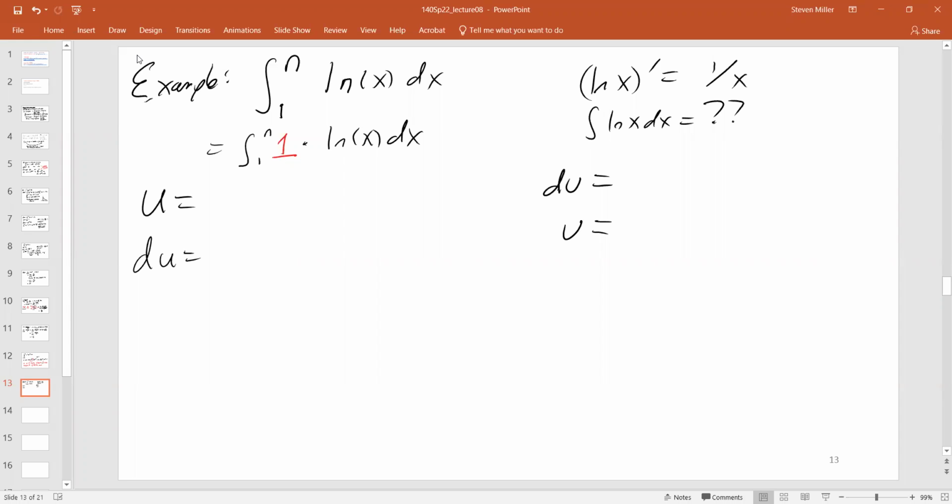It's got to be the u. And so what does dv have to be? It has to be 1 dx. So what would v equal? It would just equal x. And what would du equal? 1 over x dx. And so again, I want you to see that this is a natural thing to try.